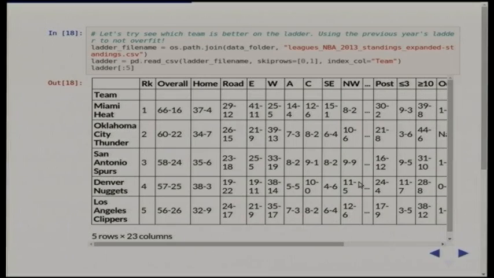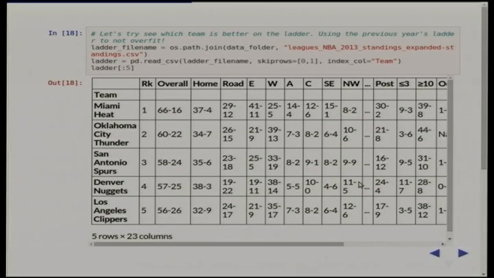So what we've done here is we've had a look at the standings for the previous year, loaded that using pandas as before. I've had to skip the first two rows because they were mostly blank. Well, the first row was blank and the second row had some needless information. And the other thing I've done here is set the index column.